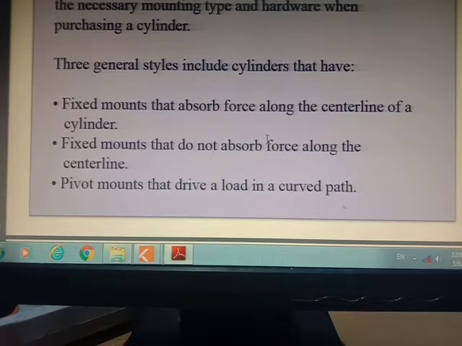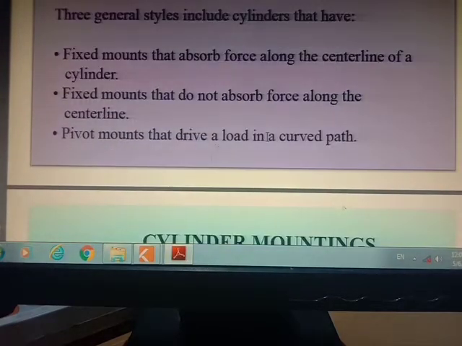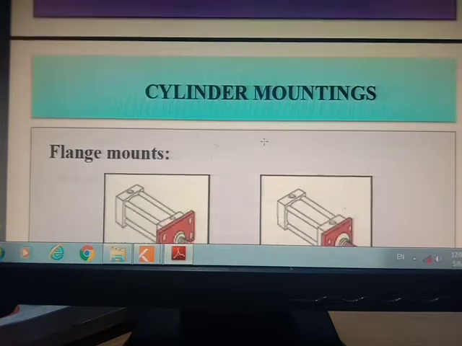So this is also fixed mounting, but it will not absorb the force along the center line. Number three is the pivot mount, where there is a pivot point, so the cylinder can rotate about that pivot point. So pivot mounts drive a load in a curved path, right? So there are three types of cylinder mounting.